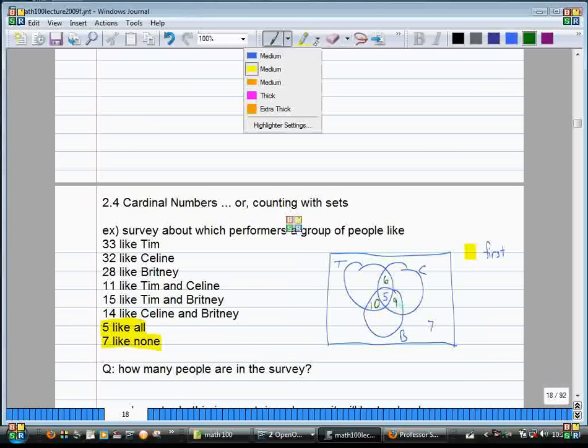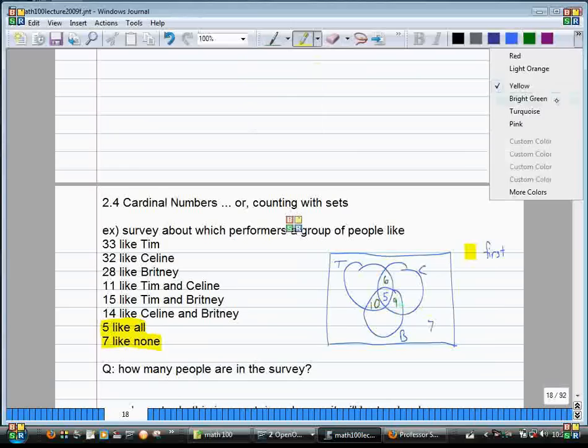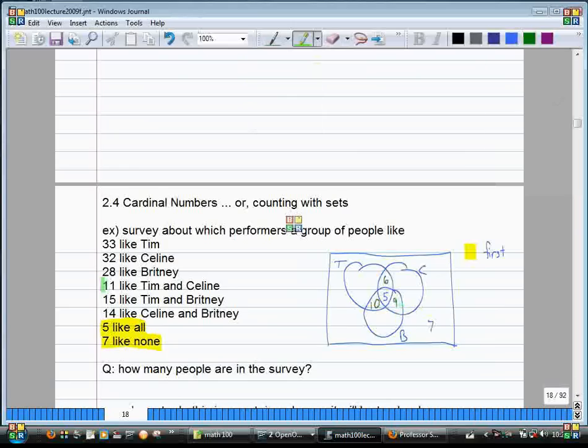So notice that these you have to do second. And then finally, we can fill in the other bits.